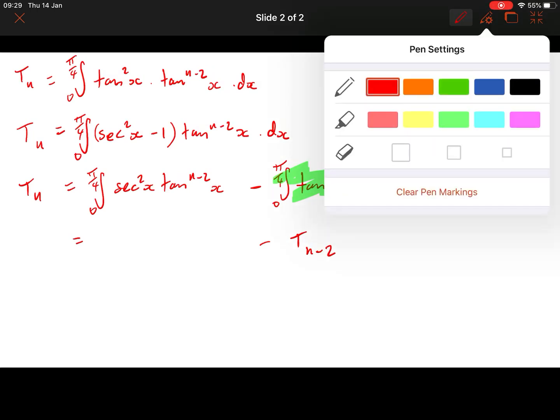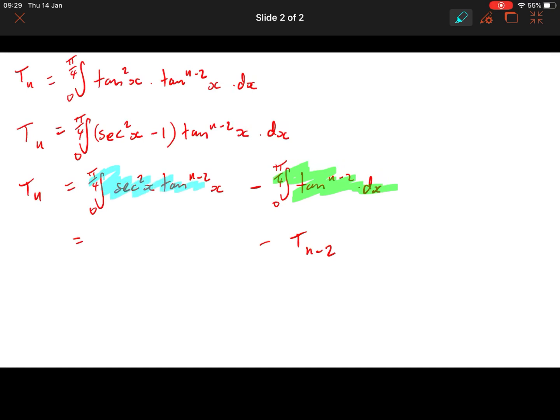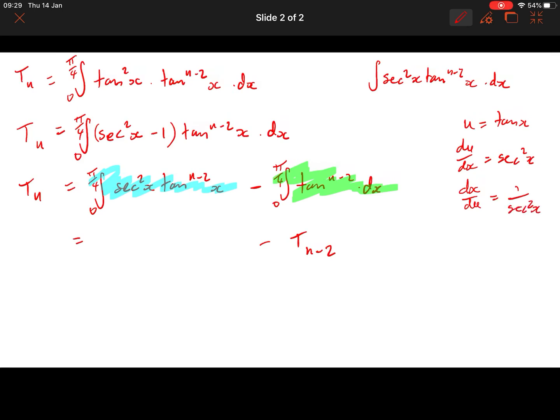Okay, and this piece here I can actually integrate, because I can do it by substitution, because the differential of tan x is sec squared x. So let's just do it over here. So we've got sec squared x tan of n minus 2 x with respect to x. So I'm going to let u equal tan x, then du dx is equal to sec squared x, and so dx du is equal to 1 over sec squared x.